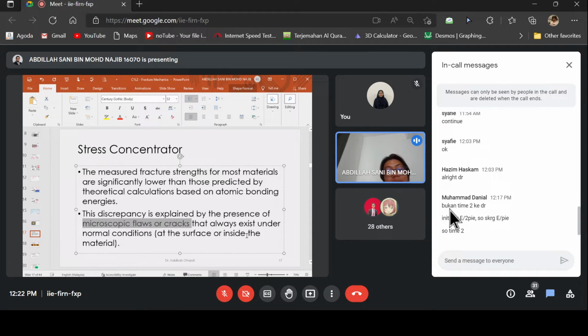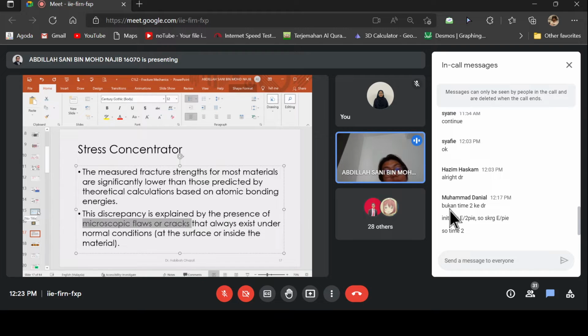So there will be flaws, cracks, across the material. So it is almost impossible to get a perfect material. That's why the yield strength or the ultimate tensile strength is lower than what we have calculated or derived from cohesive theory.